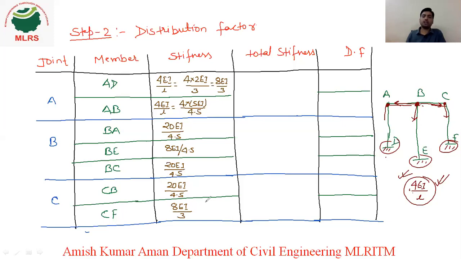Okay. So now we need to calculate total stiffness. So what will be the total stiffness here? So we will calculate that total stiffness. Total stiffness will be here 8EI by 3 plus 20EI upon 4.5. Here for B, total stiffness is 20EI upon 4.5 plus 8EI upon 4.5 plus 20EI upon 4.5.